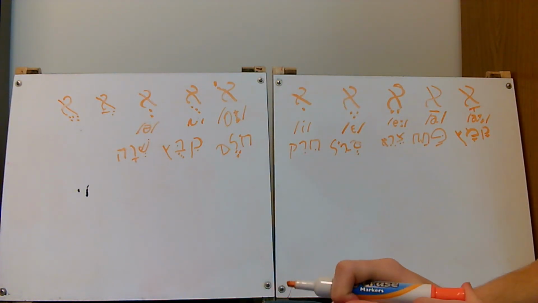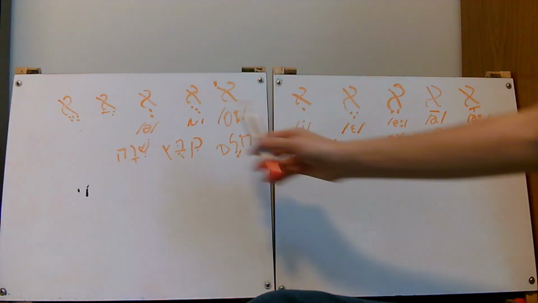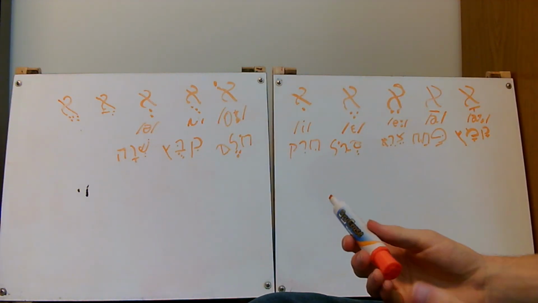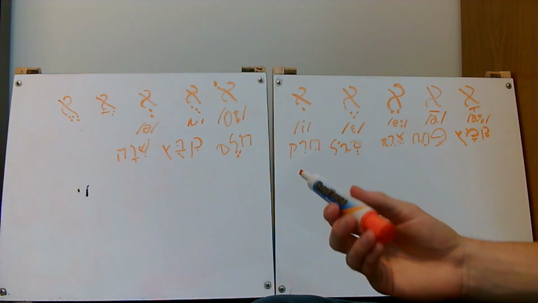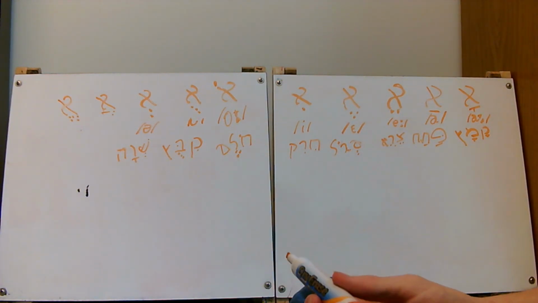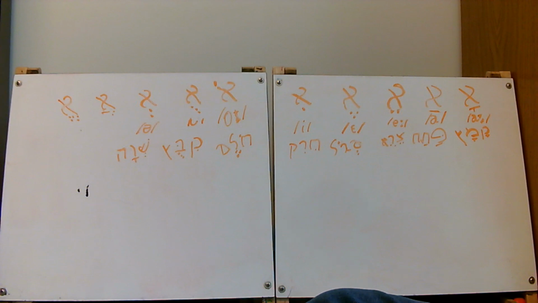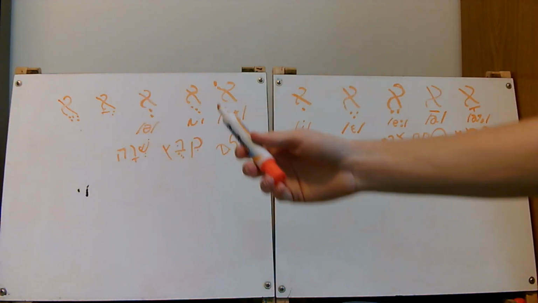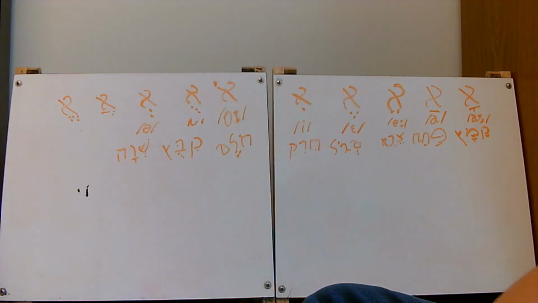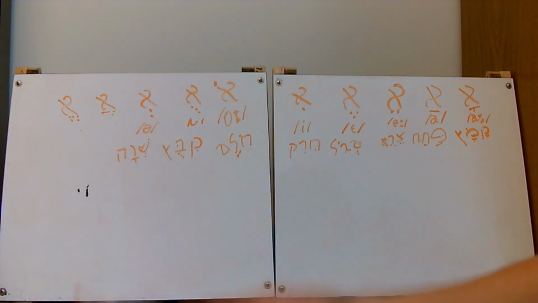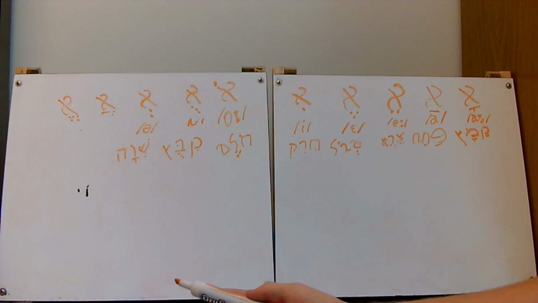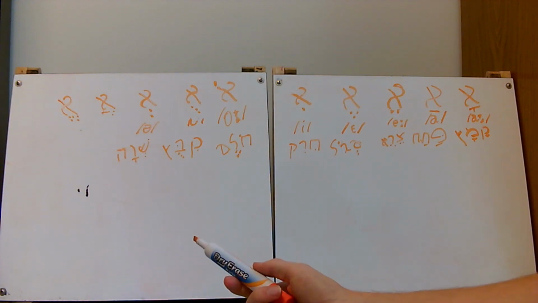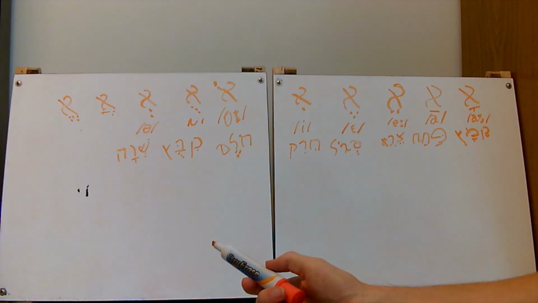And it is somewhere between a segol and the schwa. Anyway, so these are all of them that can appear below a letter.